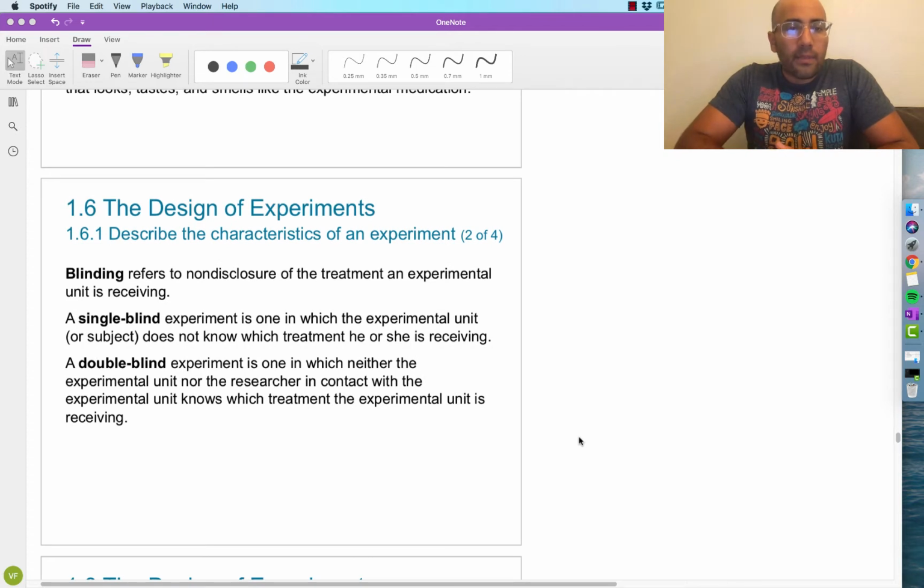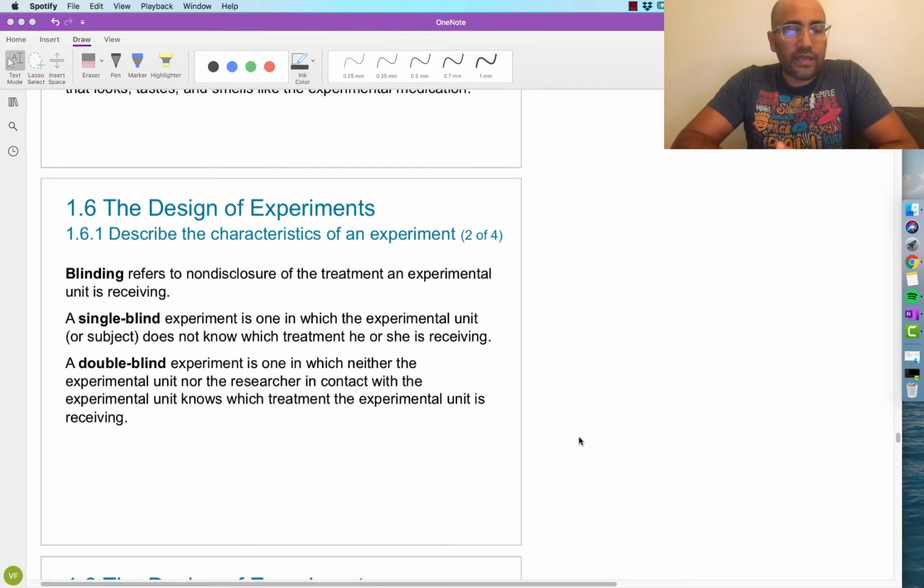Okay. Blinding refers to the non-disclosure of the treatment an experimental unit is receiving. So blinding just refers to the fact that the person doesn't know whether they're receiving the treatment or not, typically medication. The placebo effect is a well-known phenomenon where people feel they're feeling better because they think that they are receiving medication.